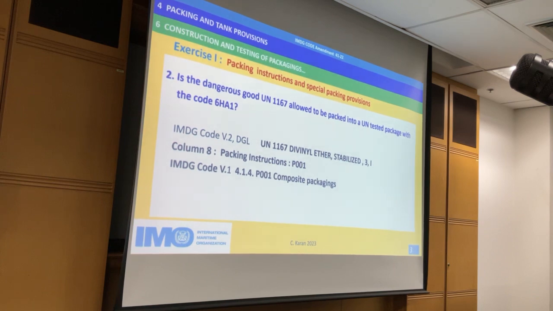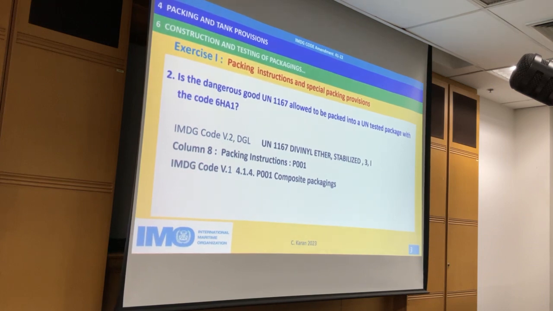So, we check the table. What do we look for? 6HA1. Is it there? If we find it in the table, it's okay. We can pack it over there. Did you find HA1?